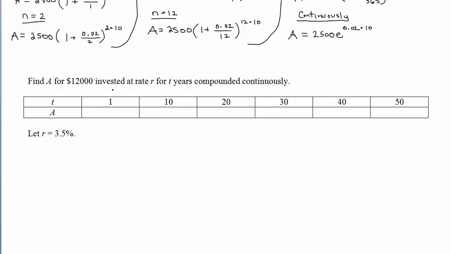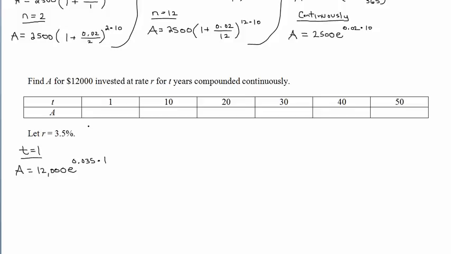All right, so T represents the number of years. So let's look at T equals 1 year. $12,000 E to the 0.035 times T, because it's r times t for this formula, in just 1 year.